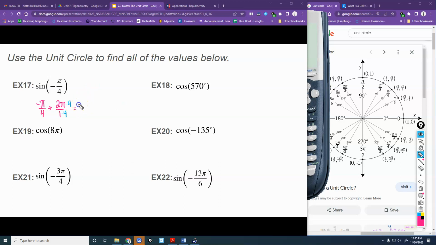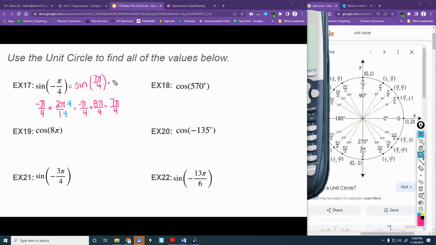And I'm going to get negative pi over 4 plus 8 pi over 4, which gives me negative 1 plus 8, 7 pi over 4. So that means sine of negative pi over 4 is the same as sine of 7 pi over 4.